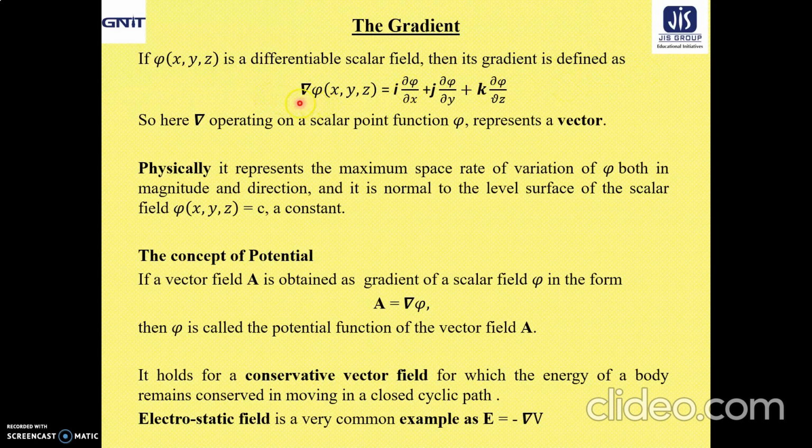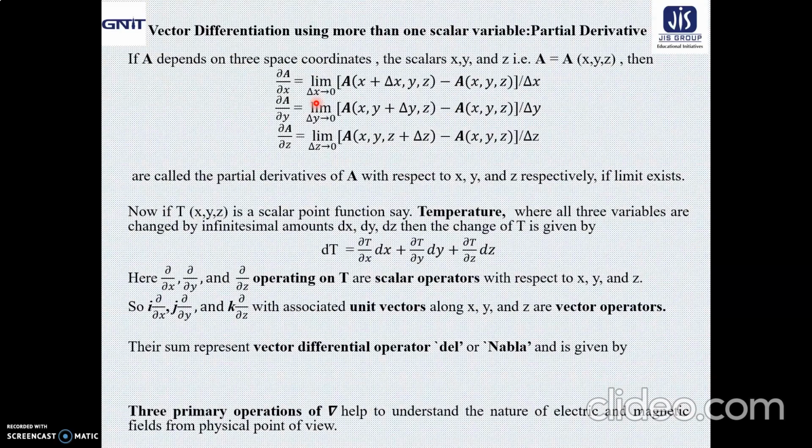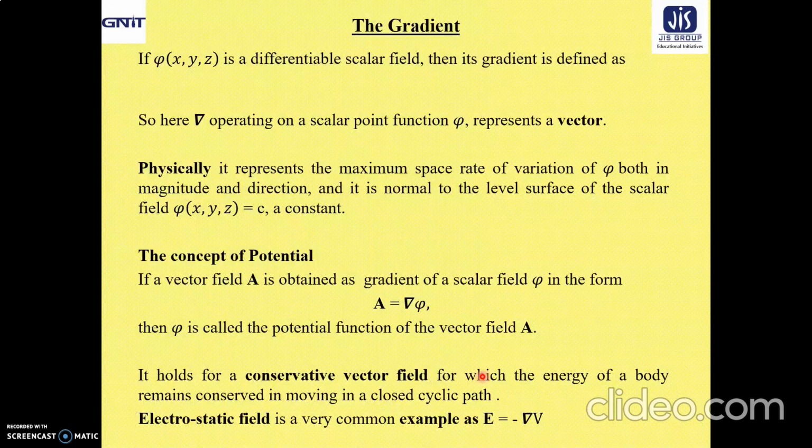This is the symbol grad phi, where we have seen that grad phi is equal to i cap del phi del x plus j cap del phi del y plus k cap del phi del z. So that grad operator will operate on phi in the form of the gradient. Let us take a look at how it looks: i cap del del x on phi plus j cap del del y on phi plus k cap del del z on phi.